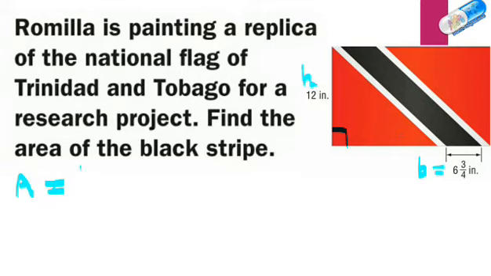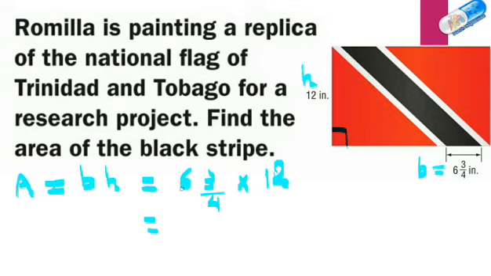So A equals BH. B is 6 3/4, and it's multiplied by H, which is 12. So remember how to multiply a mixed number times a whole number. First we change the mixed number to a fraction, then we multiply it by the whole number.